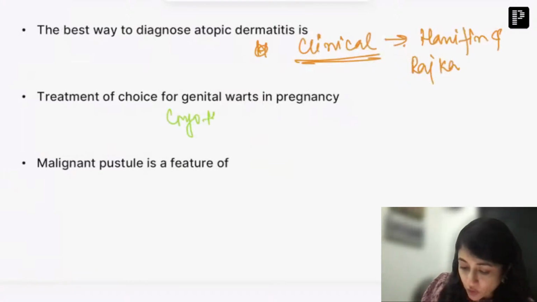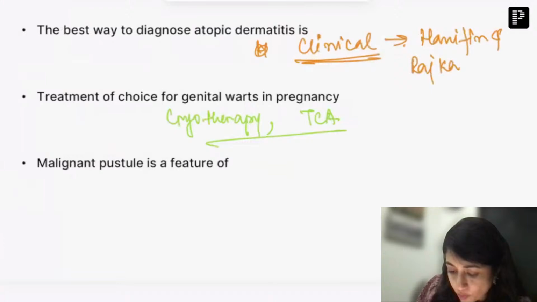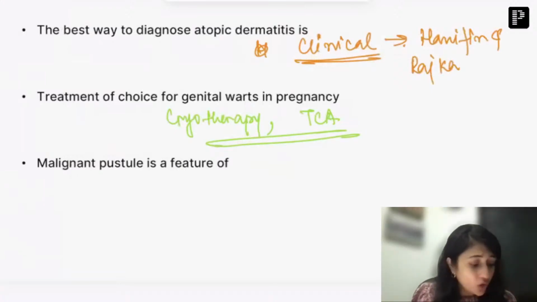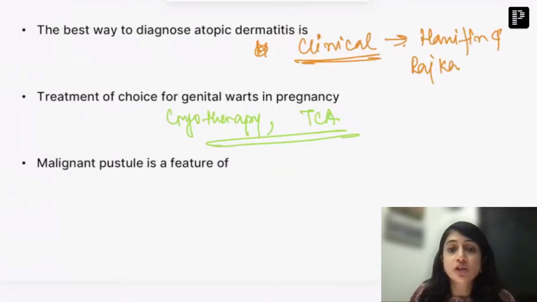Cryotherapy is my treatment of choice. We can also do trichloroacetic acid. So both these answers are correct. You do not give metronidazole, please. Metronidazole is for bacterial vaginosis. For genital warts, you do cryotherapy and TCA in pregnant patients. Okay, this is an important question. Malignant pustule is a feature of, where do you see malignant pustule?